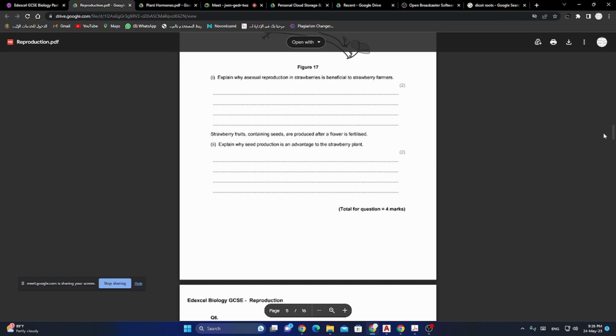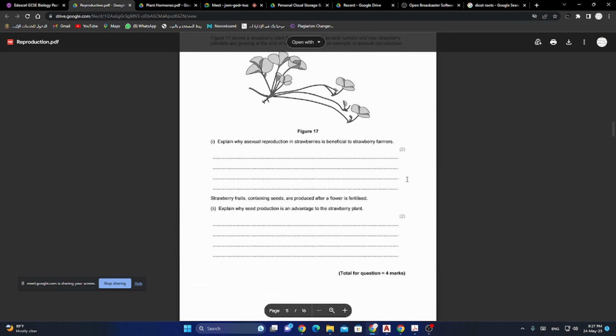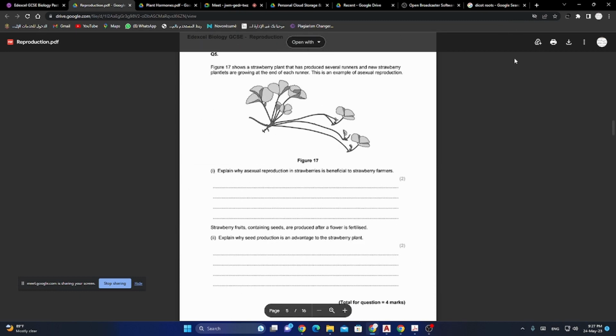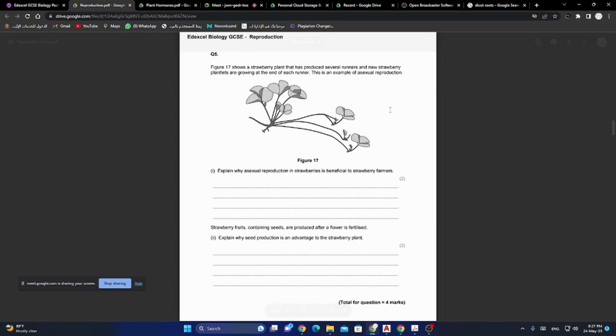You can just say it produces variability. Cross pollination produces variability, so it can be better adapted. It can increase the survivability of the new seed or the new plant. You can also mention seed production. It's going to allow the new plant to grow further away from the parent plant, right? Because with the runners, the new plants have to grow very close to the parent plant because the runners aren't going to be able to go very far away.